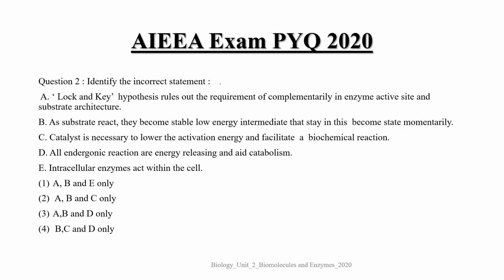Next question, question number 2. Identify the incorrect statement. They have given us 5 different statements A, B, C, D, E, and we have to choose the choice which is incorrectly mentioned. In choice A: lock and key hypothesis rules out the requirement of complementarity in enzyme active site and substrate architecture.